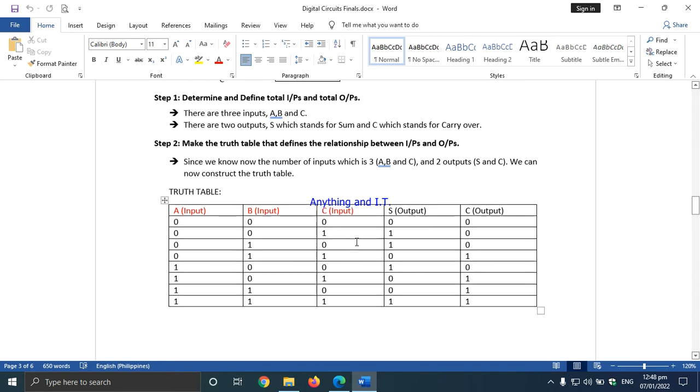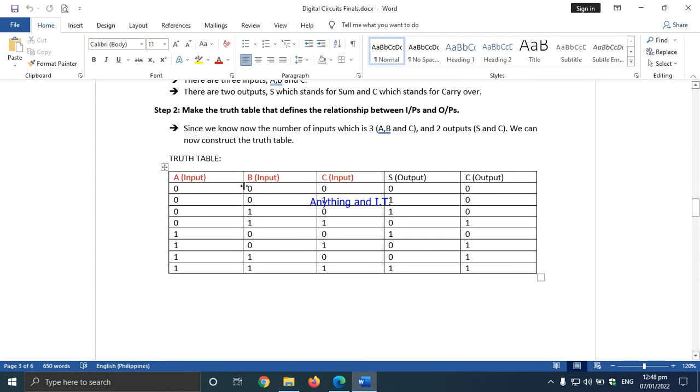Since we now have three inputs, our pattern will change. So, this will be input A, input B, and input C. Still, we have our sum, output, and carryover as outputs. So, notice we have 4 zeros, 4 ones, followed by 2 zeros and 2 ones, then alternating 0 and 1.